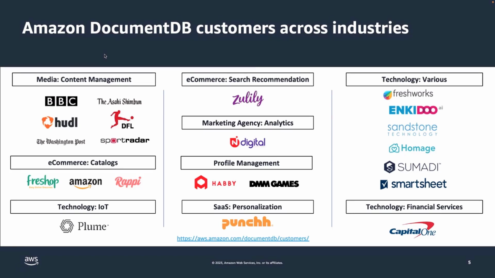They are all powered by DocumentDB. We have customers in virtually every industry, from financial services to retail, from gaming to manufacturing, from media and entertainment to publishing, and more. We welcome you to explore our customer page where you can hear directly from DocumentDB users on why they chose DocumentDB and how it has positively impacted their businesses.